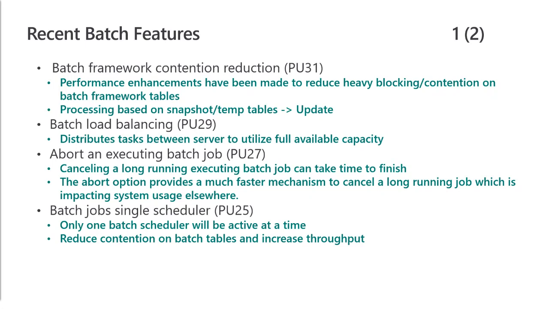This should work in most scenarios, but it's also important to be aware that this is something you shouldn't do without understanding the implications of aborting a batch job. Depending on what the batch job is actually doing and at what time you abort it, this could lead to data corruption. So it's important to be aware of the implications of aborting an executing batch job.